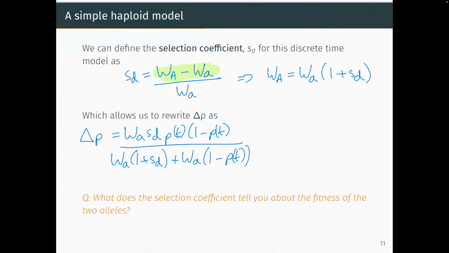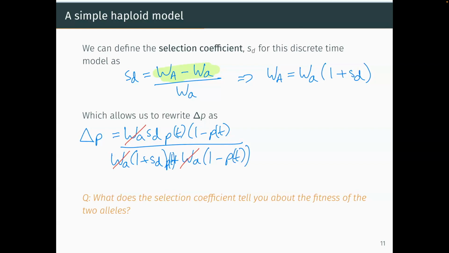So this is nice now because we've got a W sub little a everywhere. So those are going to all cancel out. On the bottom, we're going to have 1 plus SD times by, oh, sorry, I've missed a P of T out here. Should be a P of T there.